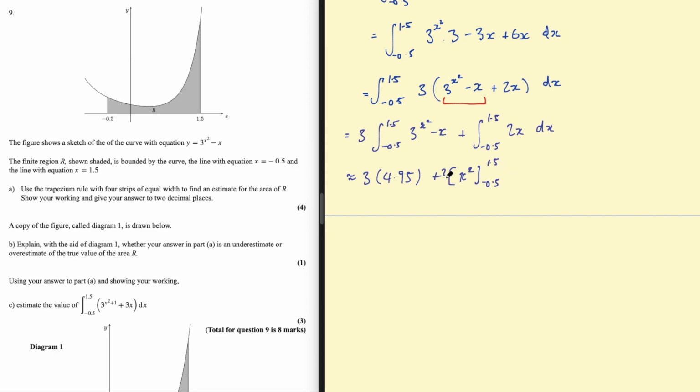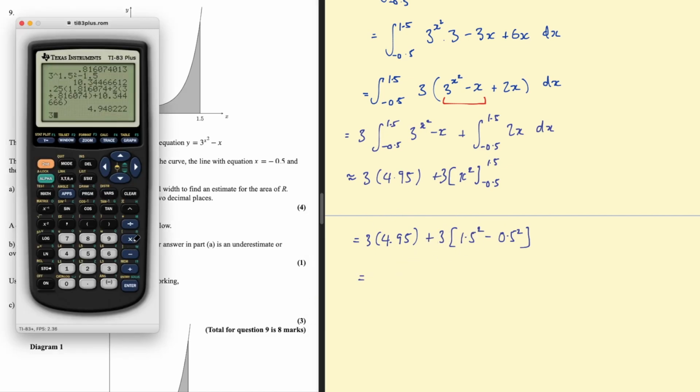And this was also multiplied by 3, by the way. So then we're going to get 3 times 4.95 plus 3 times 1.5 squared take 0.5 squared. Okay, so, the upper limit take the lower limit. And then we just need to plug that into a calculator. So we've got 3 times 4.95 plus 3 times 1.5 squared take 0.25.